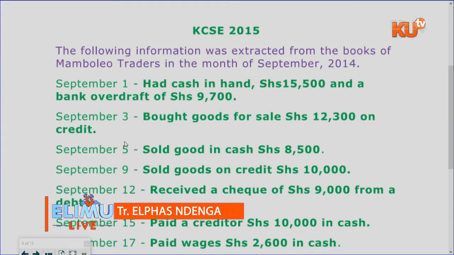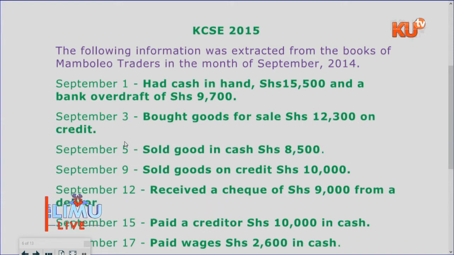September 12, received a check of 9,000 from a debtor. September 15, paid a creditor 10,000 in cash. September 17, paid wages 2,600 in cash.